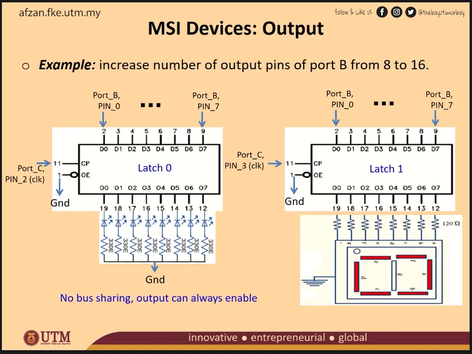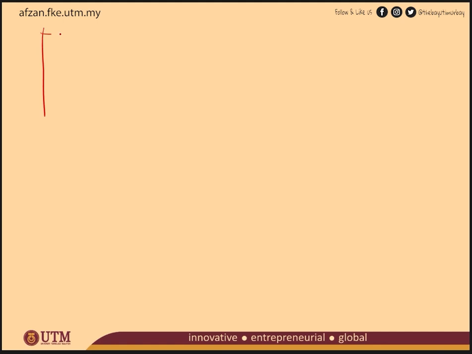So this is your latch. How are we going to increase the number of output pins from port B from 8 to 16? For example, similar to that earlier example, we have a microprocessor. This is your port B, connected to your LEDs.